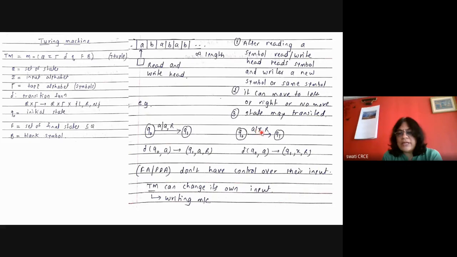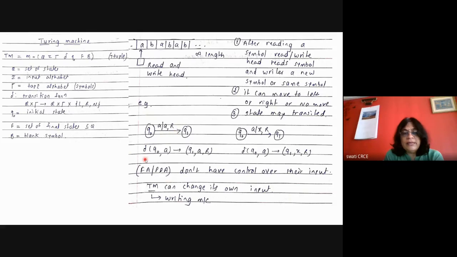So a slash x, and normally small case letters are used to place on the input tape. So your sigma contains small case letters most of the time. Okay, that is the notation that is used. And R indicates that the read head is going to the right side. Or if you write capital L here, the read head is going to the left. Okay, so you can draw the diagram like this by using such notation.